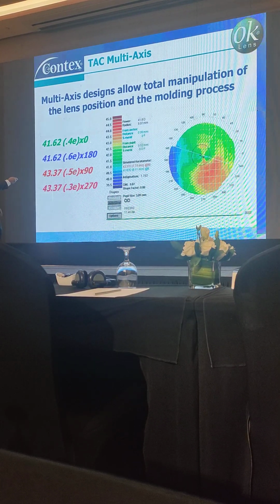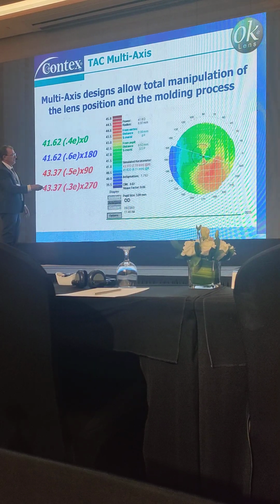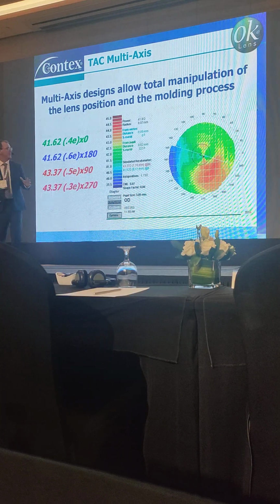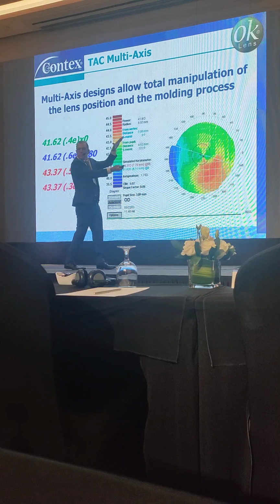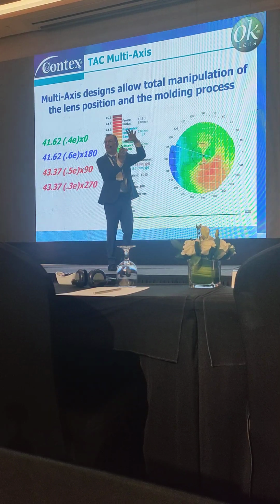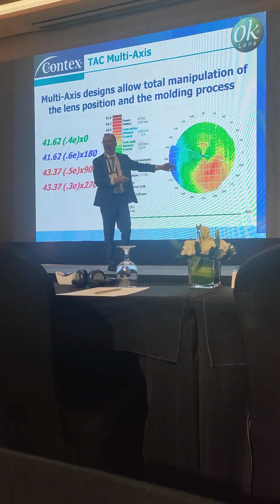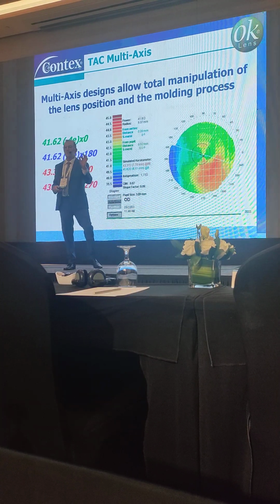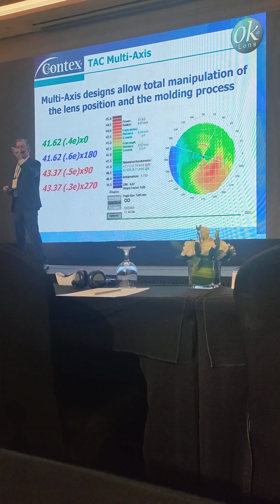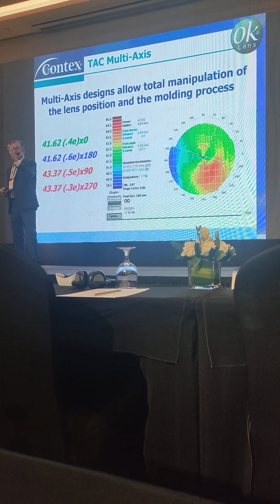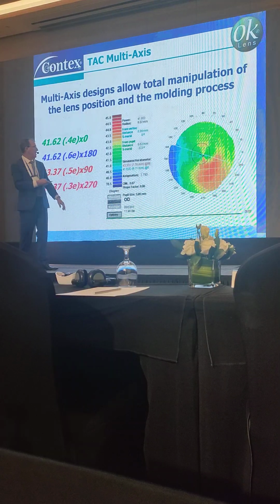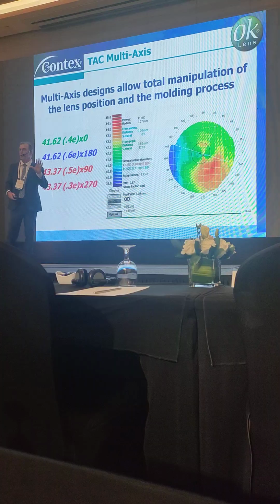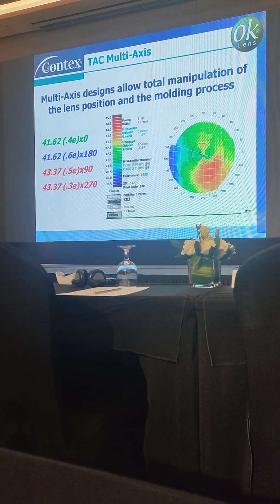So at axis 0, which would be here, and everyone understands that if the astigmatism is oblique, then the lens is going to rotate and follow the axis, the oblique axis. So we typically put a black dot at axis 270. So in this case, the black dot should be right here, so that you know that the lens is positioned properly.